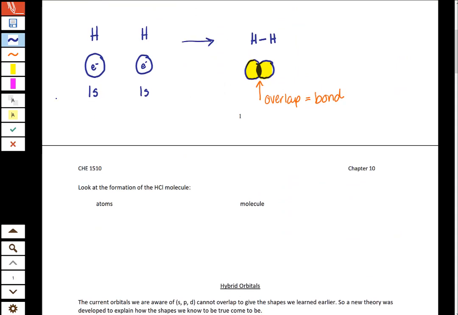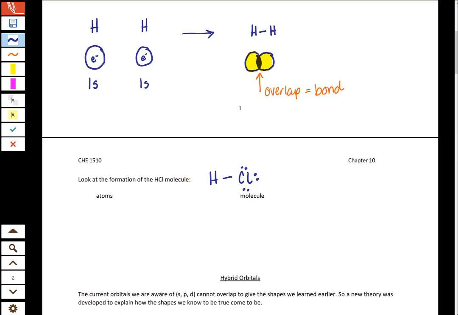So with the HCl molecule, in our Lewis structure chapter, we drew the HCl molecule like this. And remember that your hydrogen has 1 valence electron, and its 1 valence electron is in the 1s orbital.